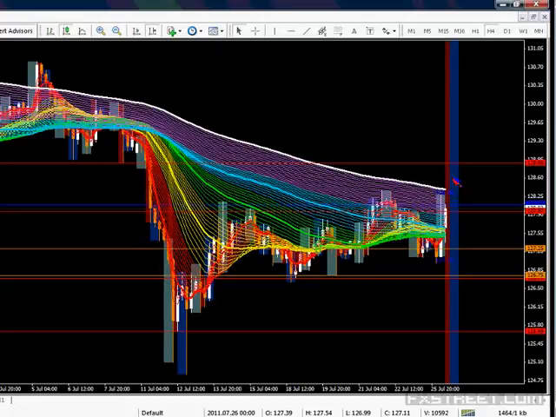Only if the top of the rainbow is broken with some price action, I would say 3, 4, 5 candles closing above the top of the rainbow, then you would consider the possibility of a bullish rainbow in formation. Well, you need more than just 4 or 8 hours of price action to be convinced of that. I don't think we will get that today in any case.